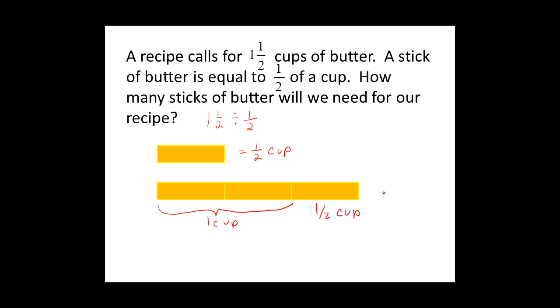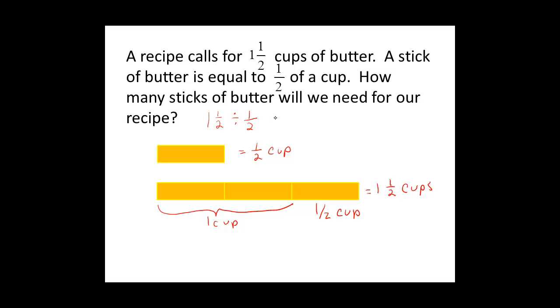So this is equal to 1½ cups. So our question asks, how many of these are in here? There are 3 sticks that equal 1/2 in the 1½ cups of butter that we need.